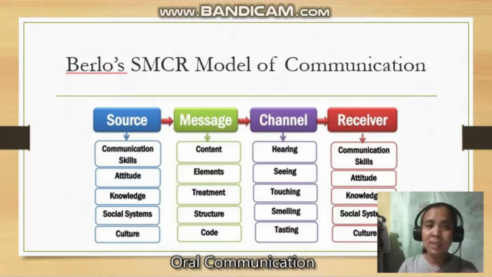Berlo, his name is David Berlo, set out his theory of communication in 1960, and this is what we call the SMCR model because of these four components that I mentioned earlier. This model represents the process and phenomenon of communication.